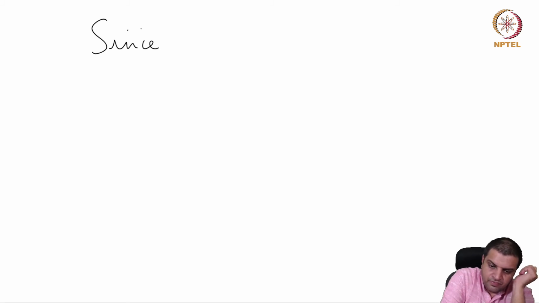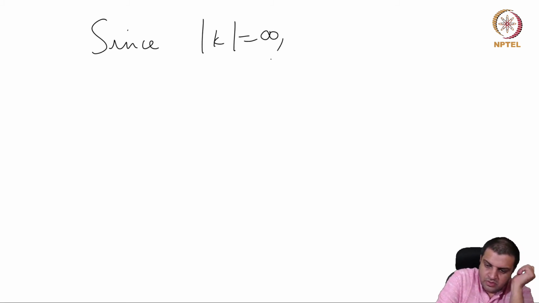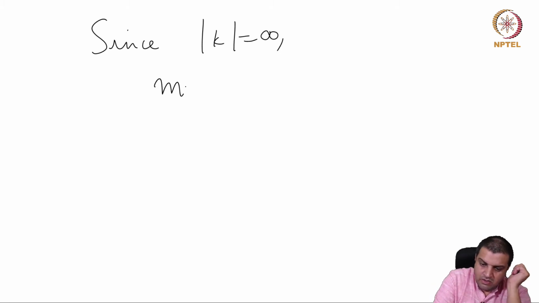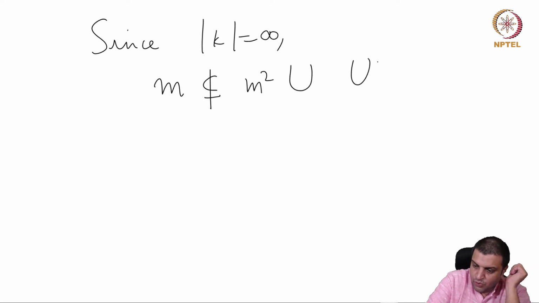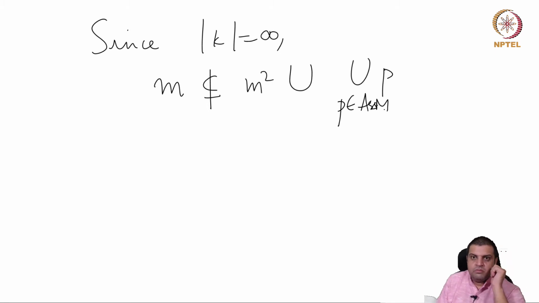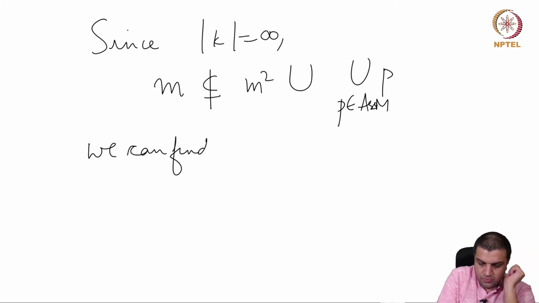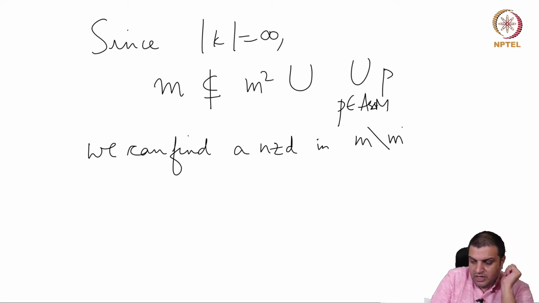But now we use that K is infinite. Since K is infinite, there exists, and this is the slightly general form of prime avoidance, M is not contained inside M squared union the associated primes. In other words, we can find a non-zero divisor in M but not in M squared.